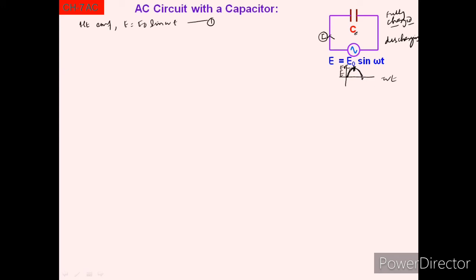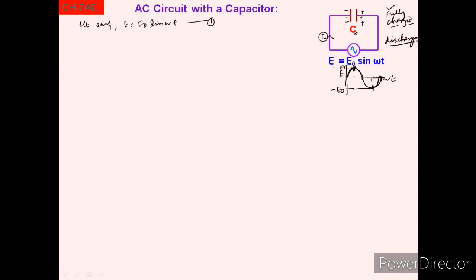Then for the negative half cycle of the EMF, the right hand side plate will now start developing positive charge as compared to the left hand side plate. This charge will increase till the capacitor is fully charged, and after that when the EMF decreases to 0, the capacitor again starts discharging.